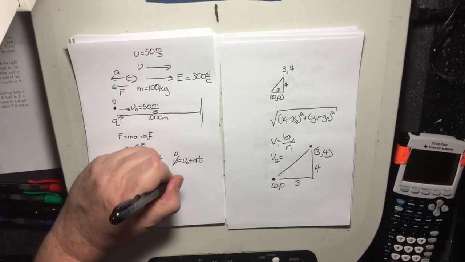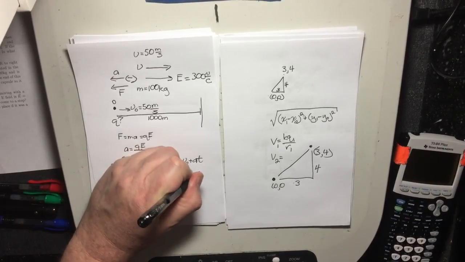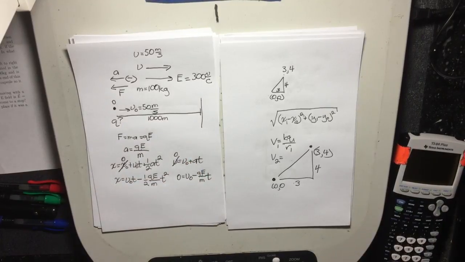And then 0 equals v naught minus qE over m t. And that's where the minus signs are coming in, right where I can see them.